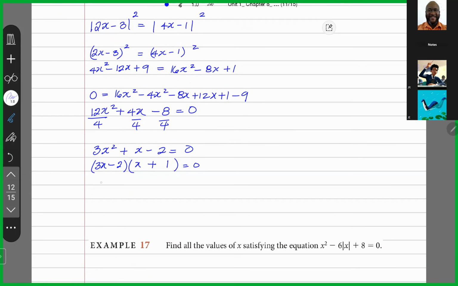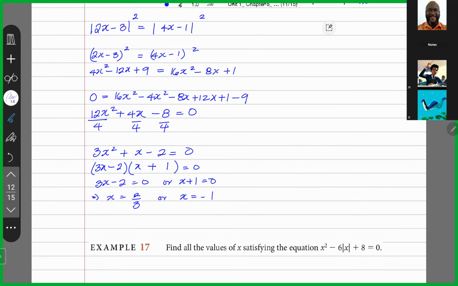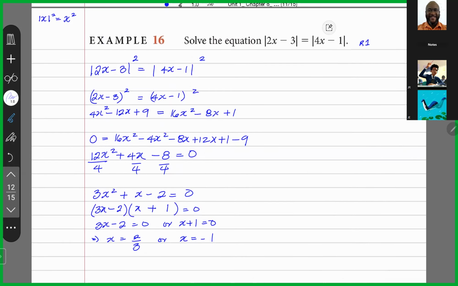And so 3x minus 2 is equal to 0, or x plus 1 is equal to 0. Therefore, x is equal to 2 over 3, or x is equal to minus 1, are the solutions.